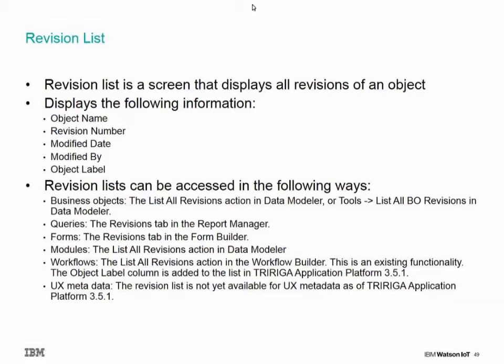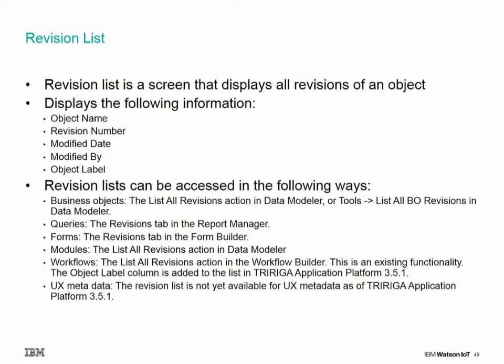So revision lists. A revision list is a screen that displays all revisions of an object. It displays the following information: the object name, revision number, modified date, modified by, and the object label applied to that particular revision of the object. The list is in descending order based on revision number.